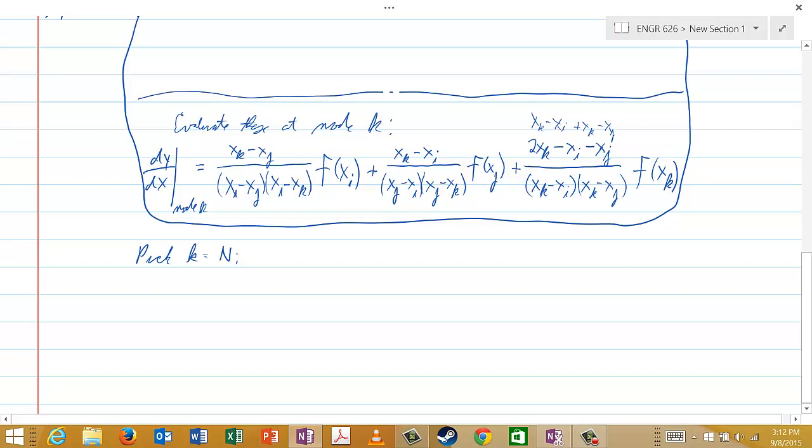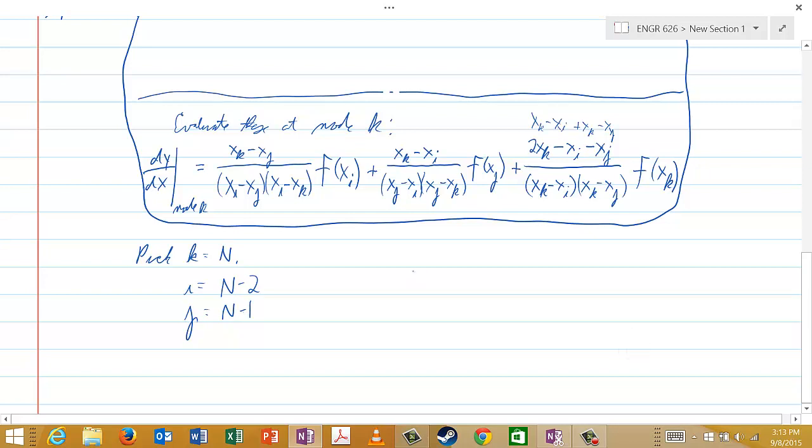And likewise, we can pick i and j as well. It seems to me that the reasonable thing to do is to pick i equal to n minus 2 and j equals n minus 1.